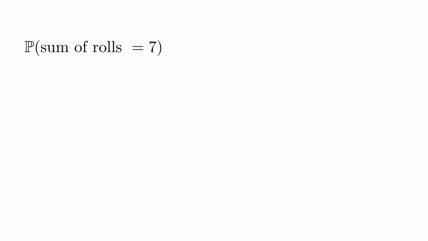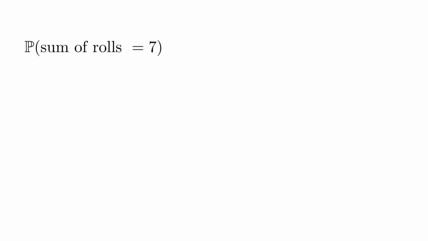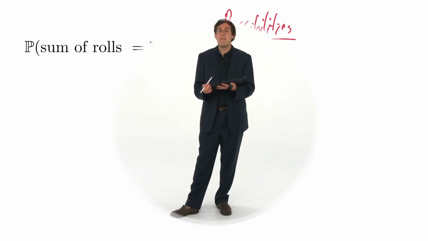So here's a classic example. What's the probability that when I roll the 2 dice and I add them up, I get 7? So let's think about the ways this can happen, right? So possibilities. How can I roll the 2 dice and get them to add up to 7?